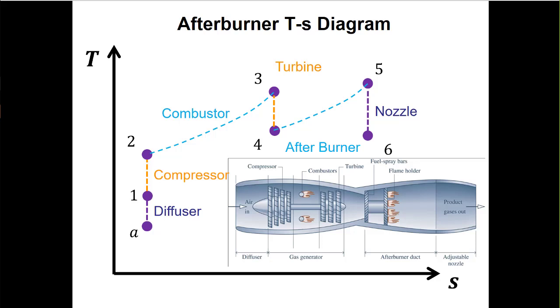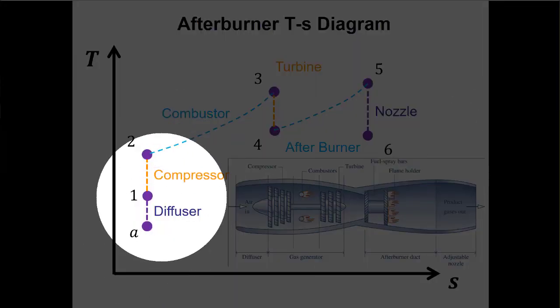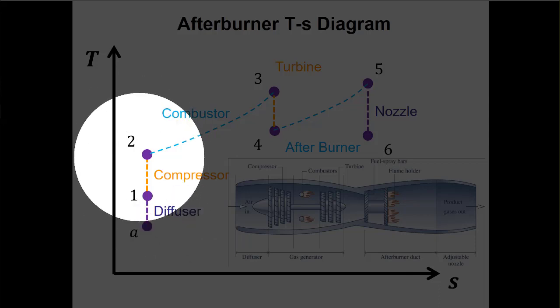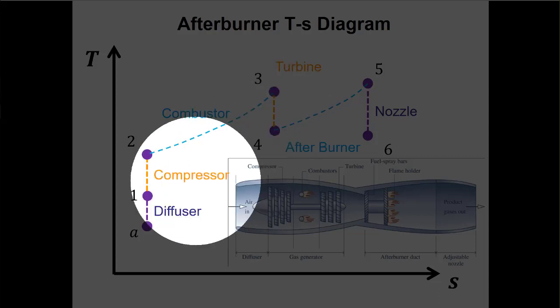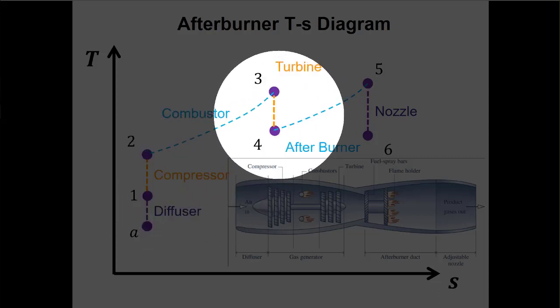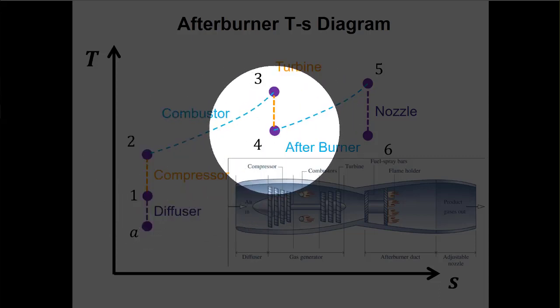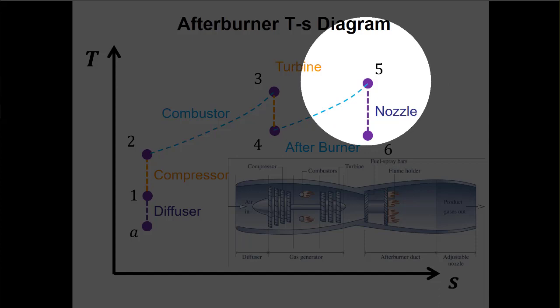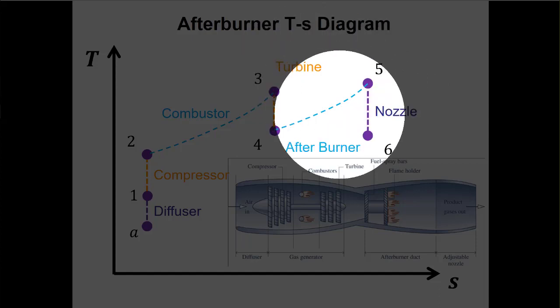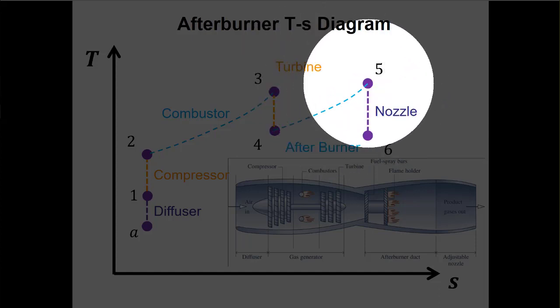So here, same as the beginning, we go through the diffuser, nothing changes. The compressor, nothing changes. The combustor, nothing changes. Through the turbine, we remember that the turbine power is equal to the compressor power in magnitude and opposite in sign. But now, after state 4, we would add some more heat. Typically, a problem would tell us either how much heat we added or what the temperature at state 5 was.